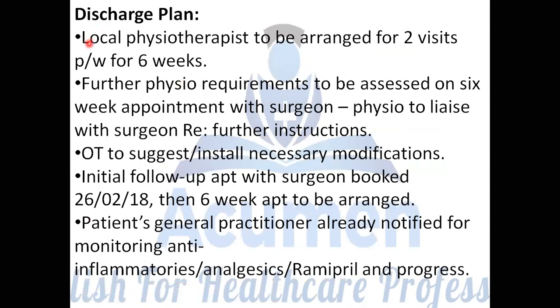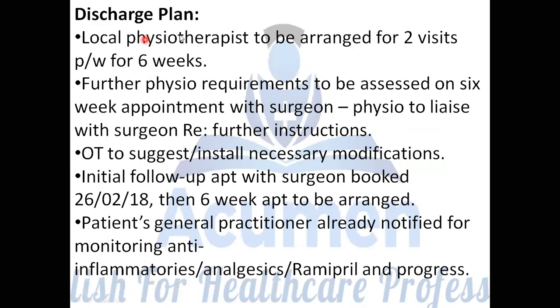So here it is given local physiotherapist to be arranged for 2 visits per week for 6 weeks. So here it says local physiotherapist to be arranged. So who is going to arrange? We are going to arrange, and that is why we are writing this letter to a local physiotherapist. So we have to request that they visit twice in a week for 6 weeks.